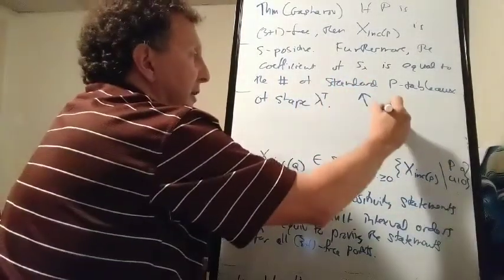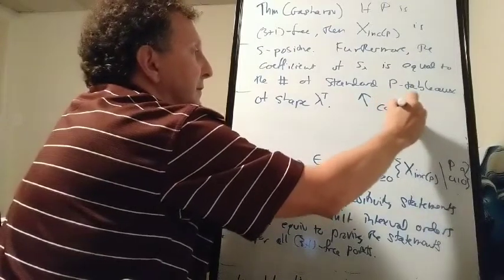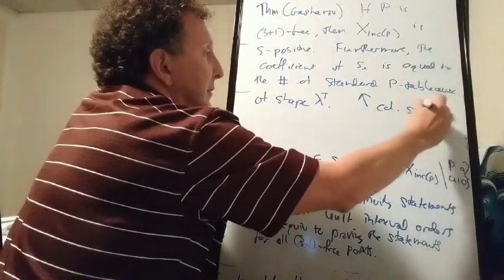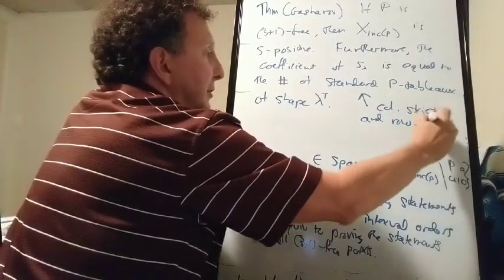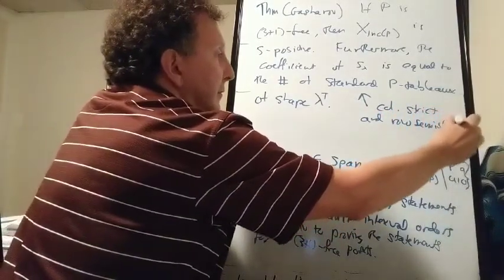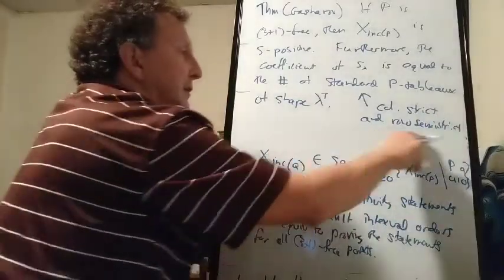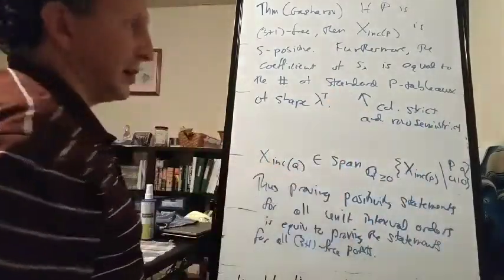By standard I mean column strict and row semi-strict, so weakly increasing in rows and strictly increasing in columns.